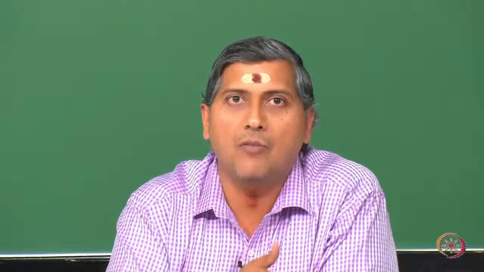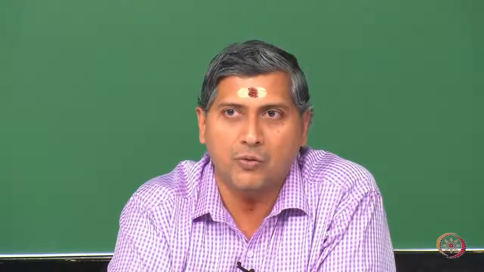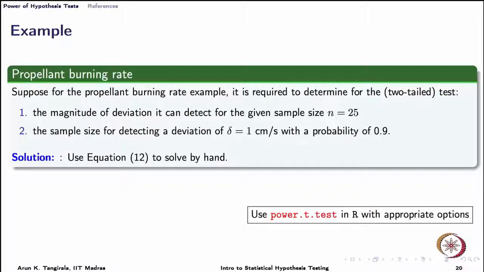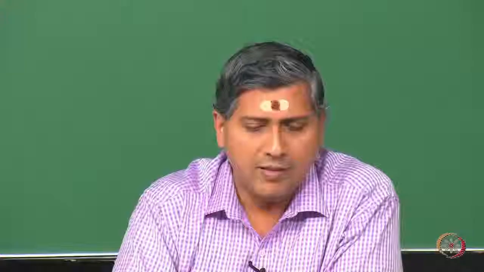More or less the expressions would look the same, except that in place of z alpha you will have a t alpha with n minus 1 degrees of freedom and so on. So, power.t.test assumes that the standard deviation has been estimated from data. Therefore, the answer that you get from power.t.test need not exactly correspond to what you get from your hand worked solution for both these questions, because the question here assumes standard deviation is known, which is 2 centimeters per second, all right. Nevertheless, it will give you reasonably close answers.